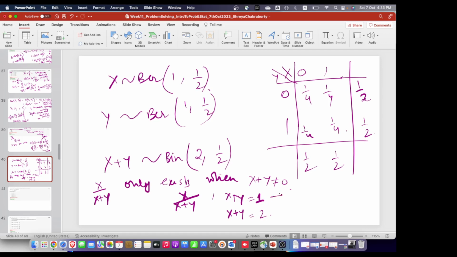When x plus y is 1, it can be x equal to 0, y equal to 1, or y equal to 0, x equal to 1.